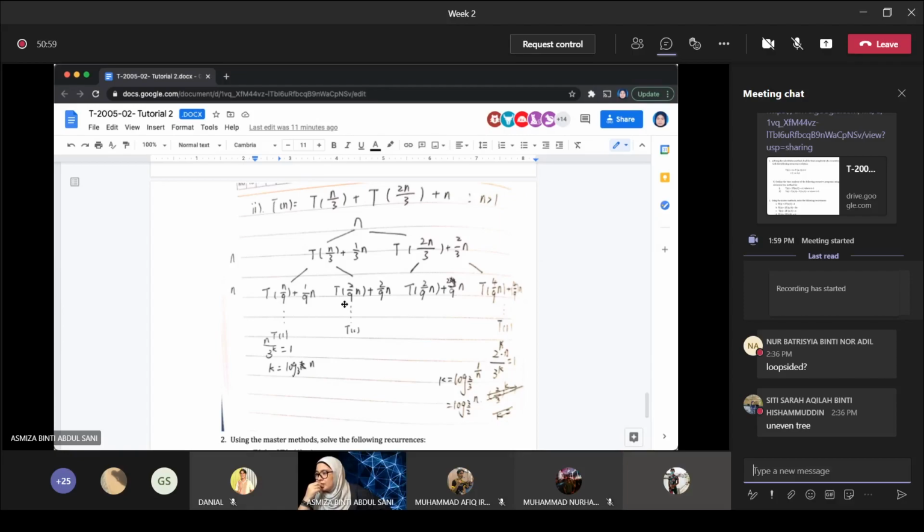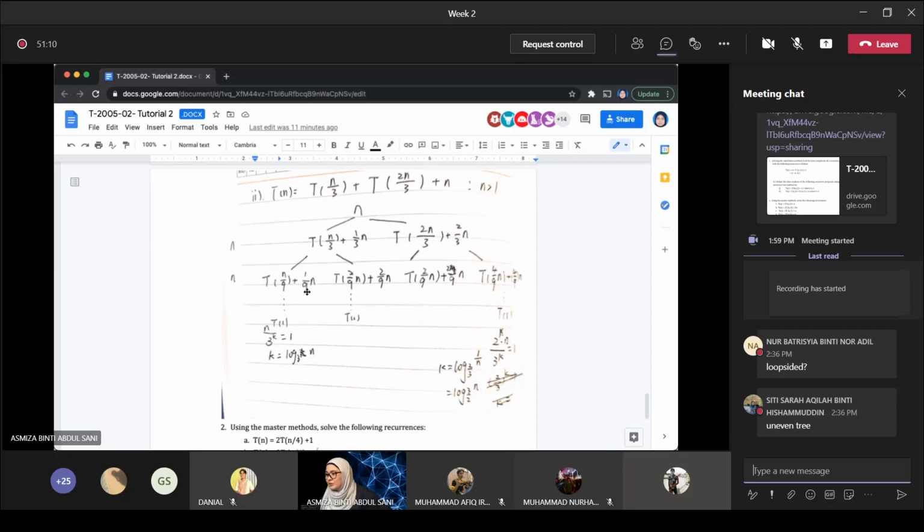Is it that you're trying to calculate the amount of work? So you put it inside here so that you can see. Okay, so 1 over 9, and 2n over 9 or n over 9.